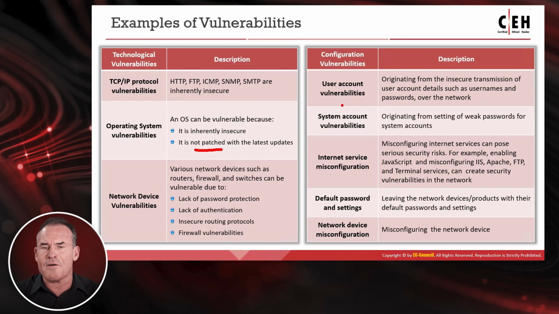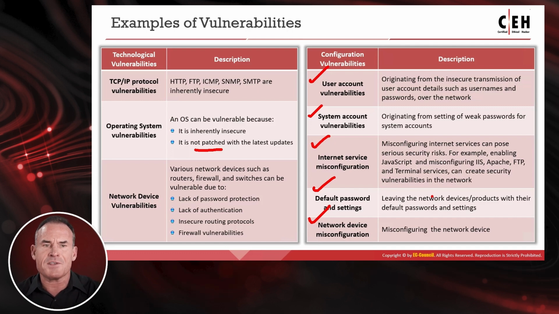Okay, user account vulnerabilities, insecure transmission of user account details, which a lot of the stuff we're going to see firsthand in the system hacking module. System account vulnerabilities, weak passwords for system accounts, internet service misconfiguration, default passwords and settings, we've talked about that, and network device misconfiguration, for example, default SNMP community strings, which we talked about in the last module.